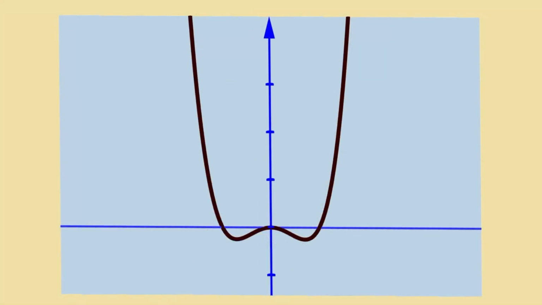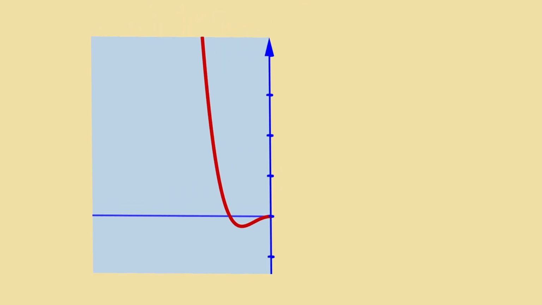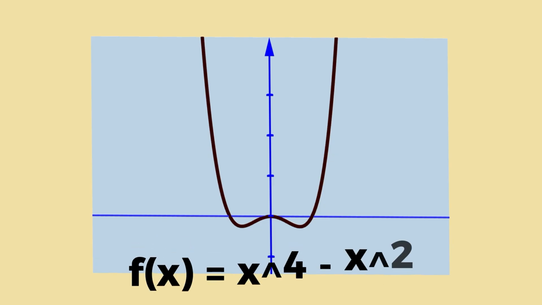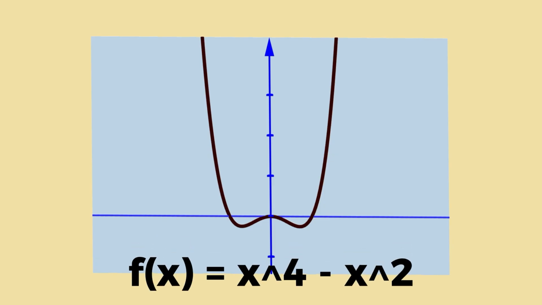Now tell me, is this graph even, odd, or neither? Look, this function is known as the W-shaped function. This graph is symmetric about the y-axis. This is the graph of the function f of x is equal to x to the power of 4 minus a constant.